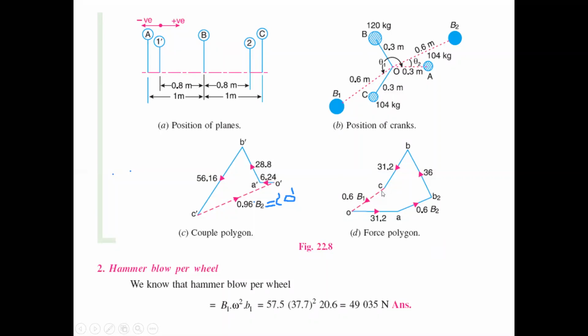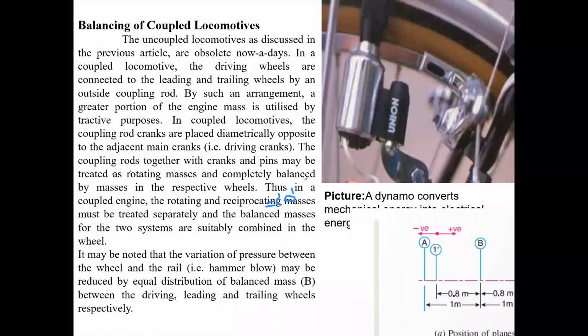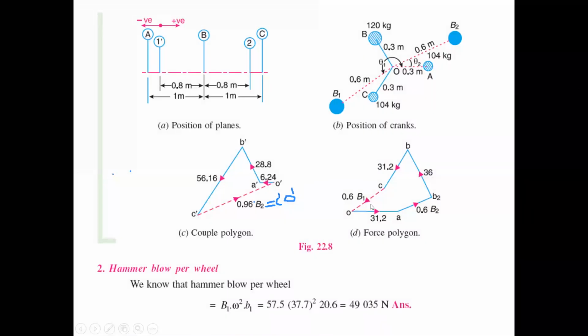So how to find the unknown? That is 0.6 B1 equals vector CO. So vector CO, for example, may come to 3 centimeter or 2 centimeter or 2.5 centimeter. So 2.5 means 25 newtons. So B1 equals 25 by 0.6.